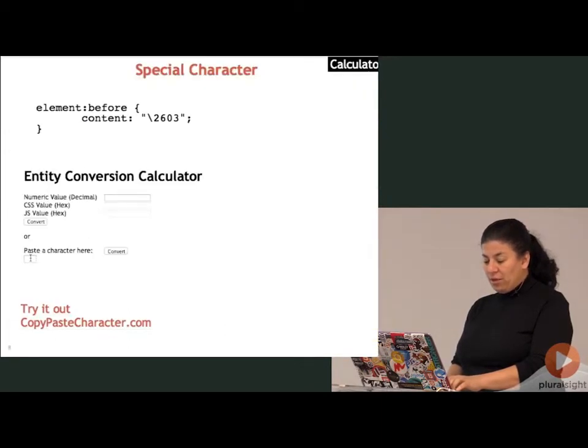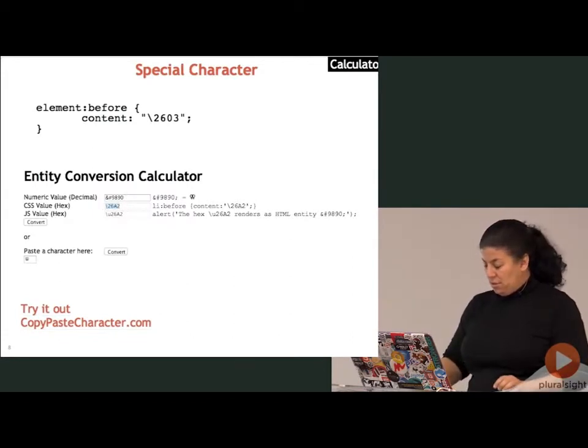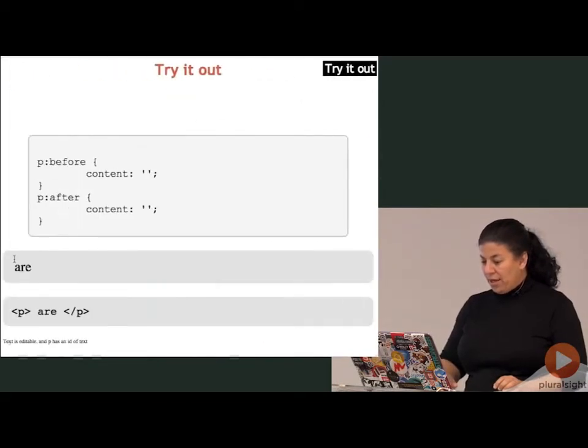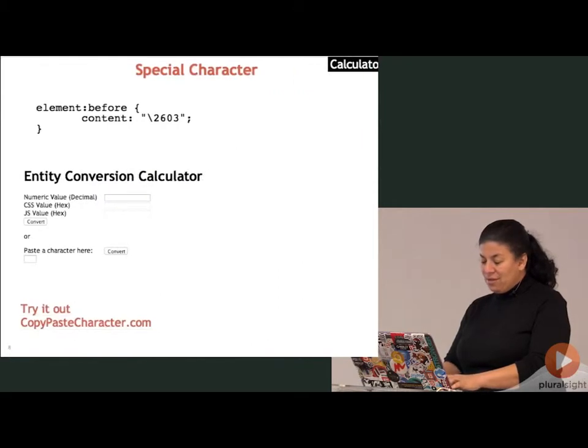So if I put that in here, I convert it. And then I take this and I go back here and I put it here. And shoot. I lost it, oh no.